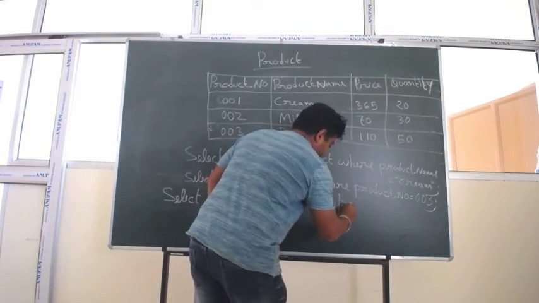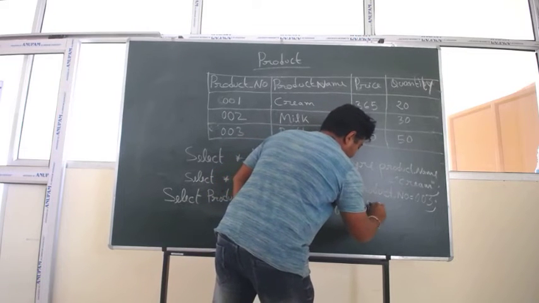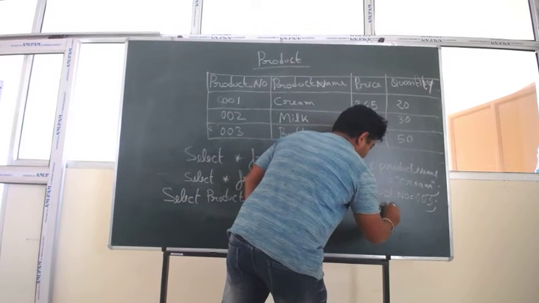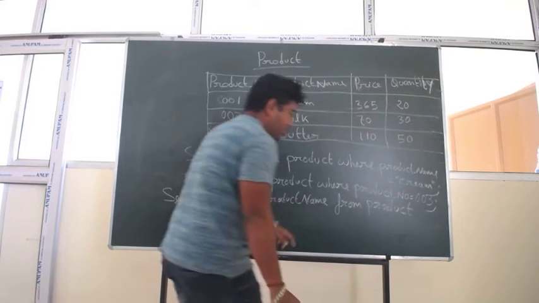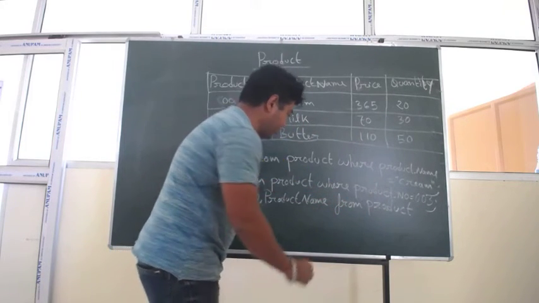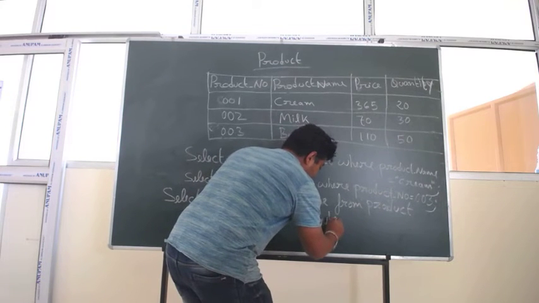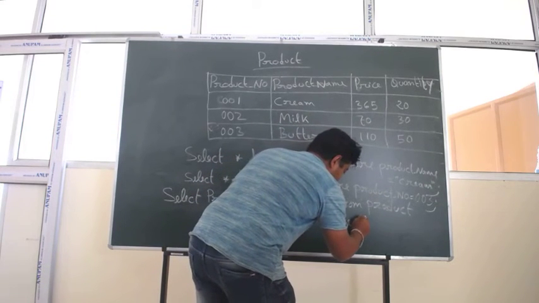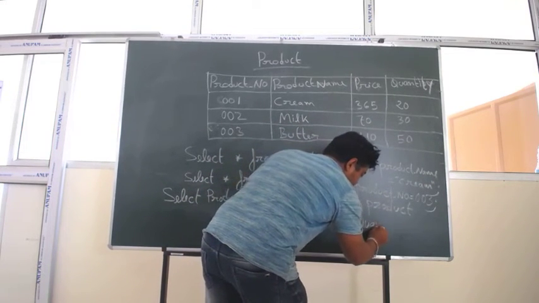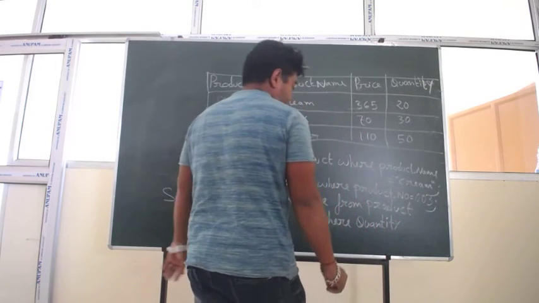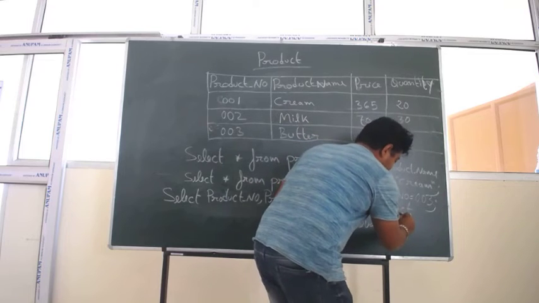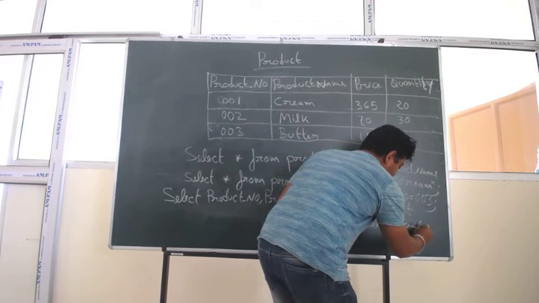From product, and the condition I will write here. Where quantity, condition, quantity is greater than 20.